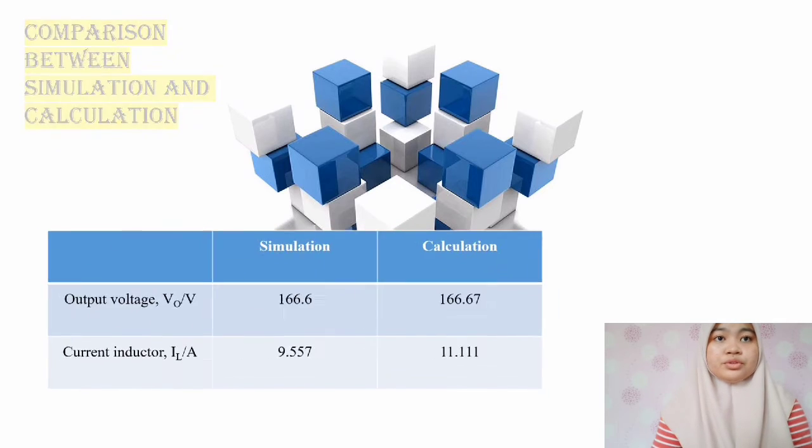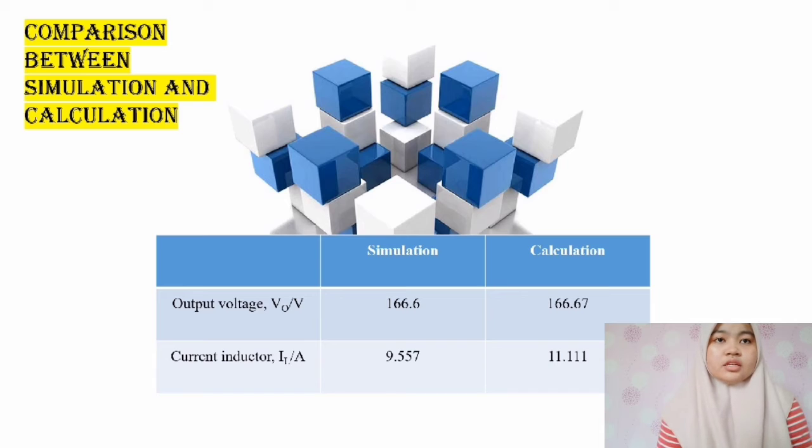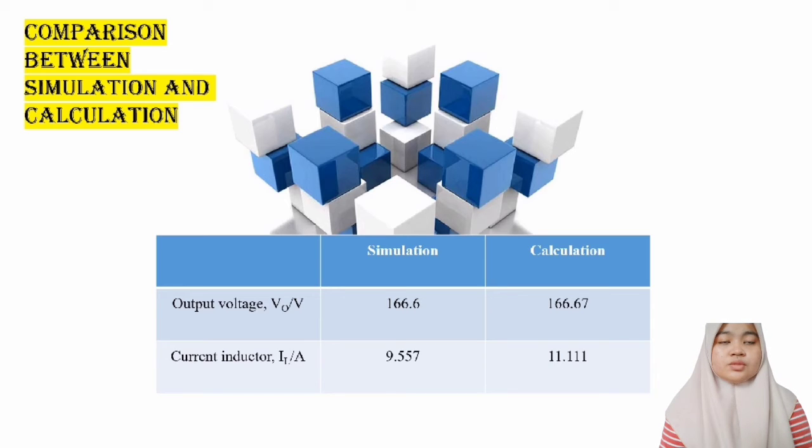And now we go to the comparison between simulation and calculation of the output voltage and the inductor current. For the output voltage, the value from the simulation is 166.6 volt, and for the calculation we got 166.67.